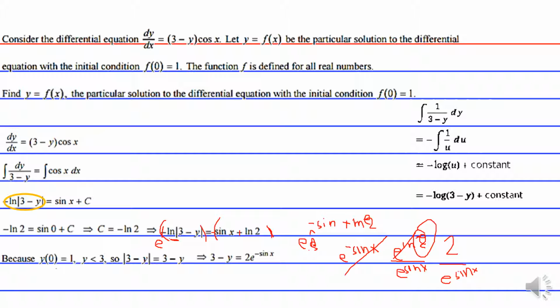But if we want to bring this base e back up to the numerator, it can then become 2 times e to the negative sine of x, okay?